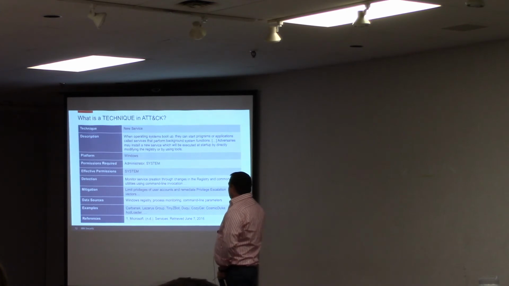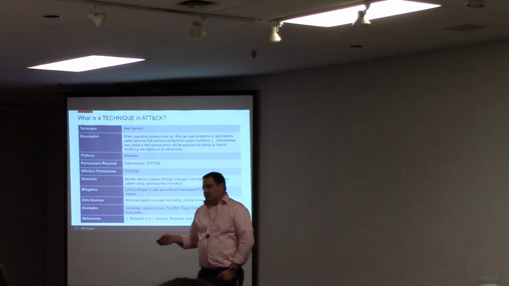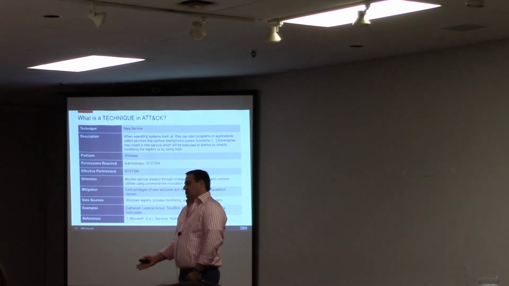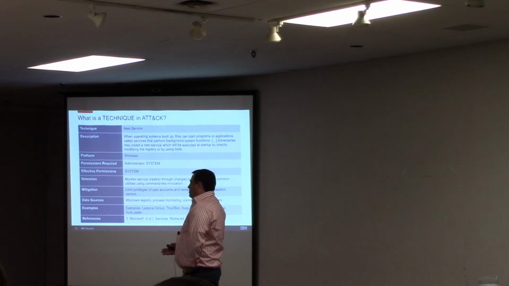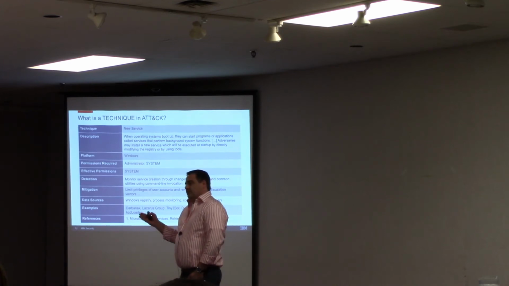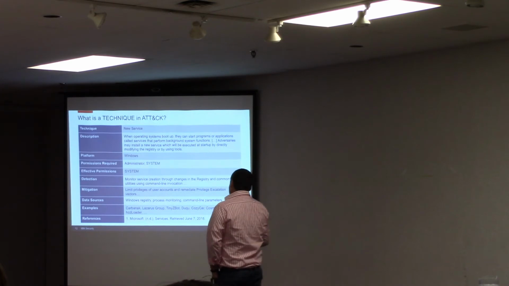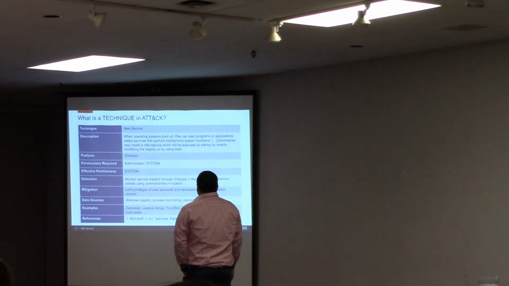In this example, we're going through the new service technique. As an attacker, you exploit something in a Windows environment and gain a foothold. One of the methods of persistence is to install a new service in Windows, and give it a name that probably nobody will detect, because that service will start up at boot time.